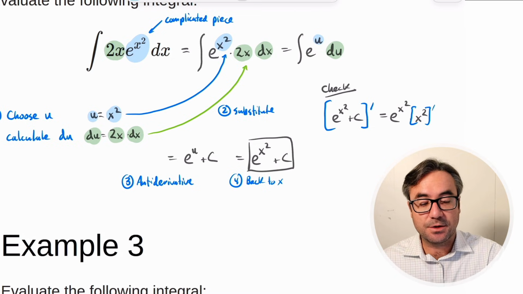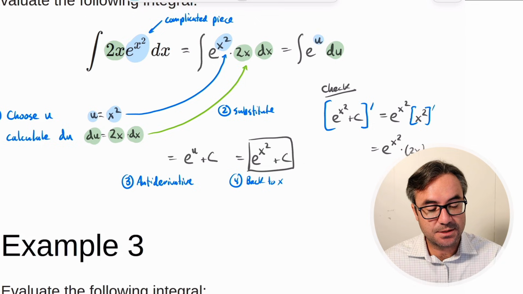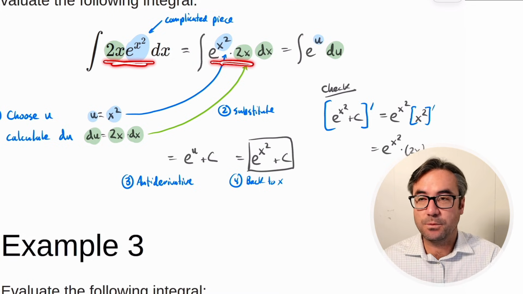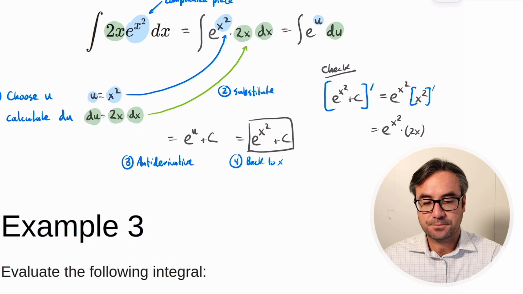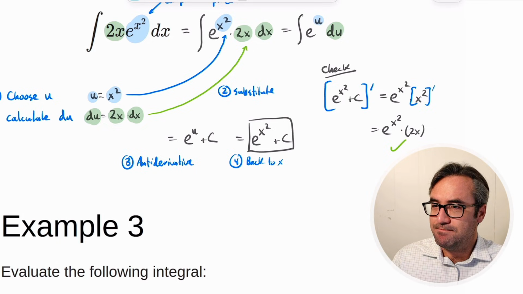And derivative of x squared is just 2x. So we end up with e to the x squared times 2x. And, yep, that's precisely what we started with. So that tells us we did it good.